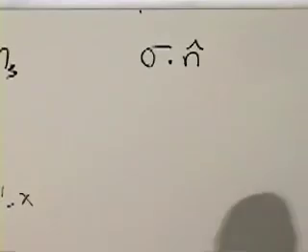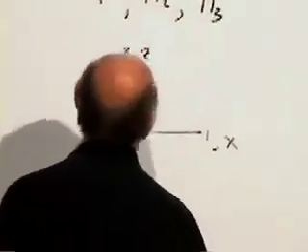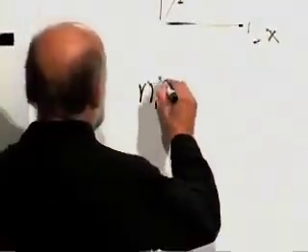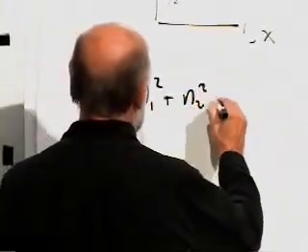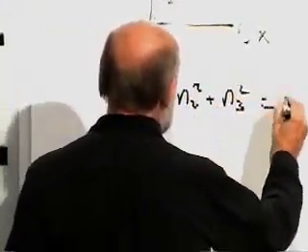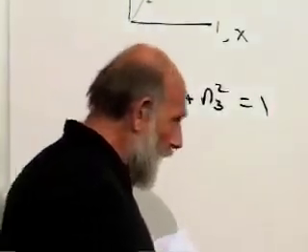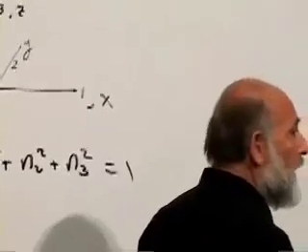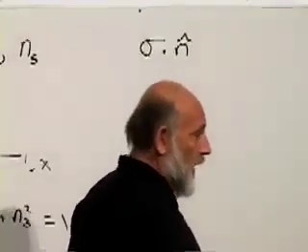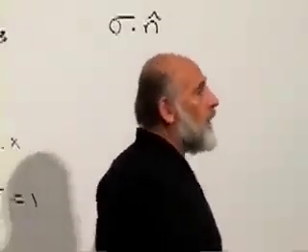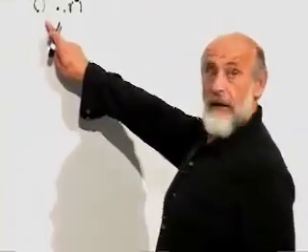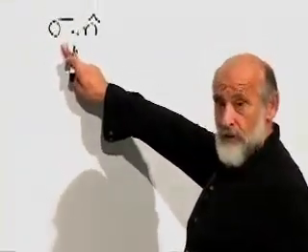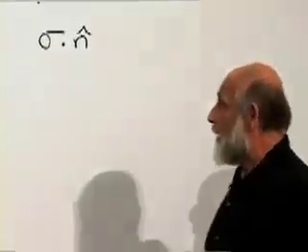If it's a unit vector, then let's just write down a couple of equations. n1 squared plus n2 squared plus n3 squared is equal to 1. That's the definition of a unit vector. And sigma dot n, this is the ordinary space dot product, not the inner product of two abstract vectors representing states, but just the ordinary dot product in space of a vector whose components are measurable quantities, and the unit vector n.